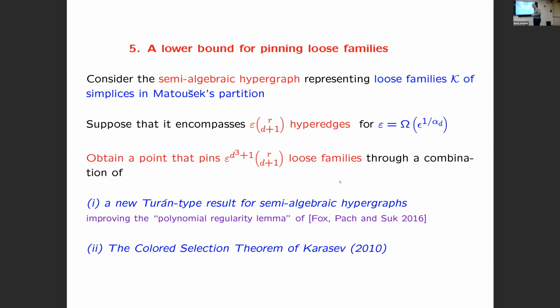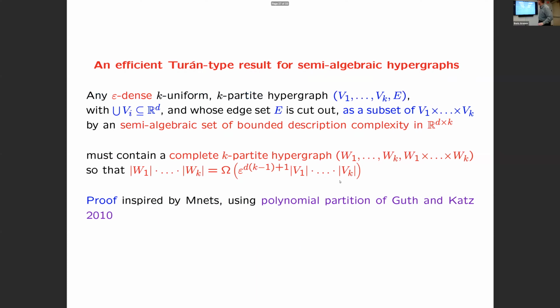So we are going to pierce a large fraction of the loose families by combining the following properties. We will use our Turán-type result for semi-algebraic hypergraphs, and as we said, we are also using the colorful selection theorem of Karasev. We have already seen this result.